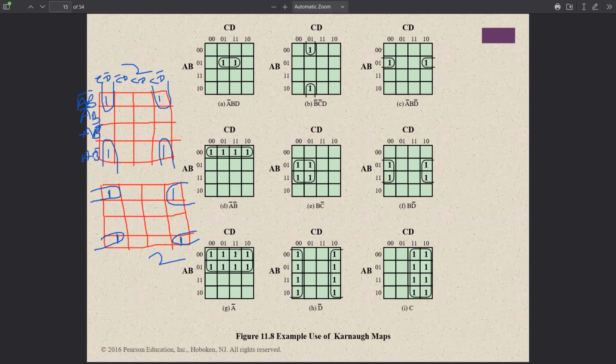Right? So what that means? Draw another table here.